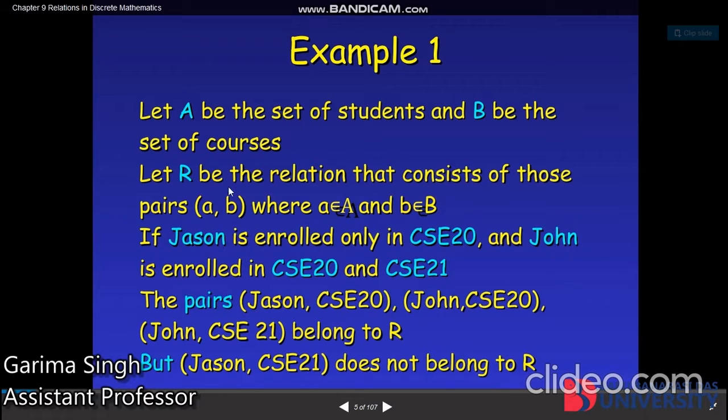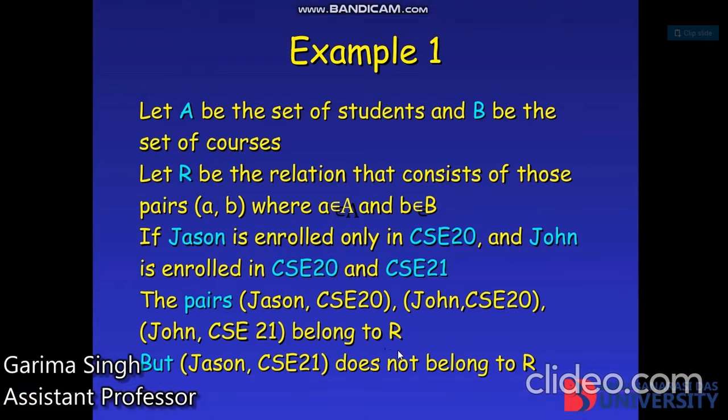That means Jason and CSE 20 make a relation. John makes a relation with CSE 20 as well as CSE 21. So you can write it as (Jason, CSE 20), and (John, CSE 20) and (John, CSE 21) like this. And they all belong to a set, that is, they all belong to the relation.